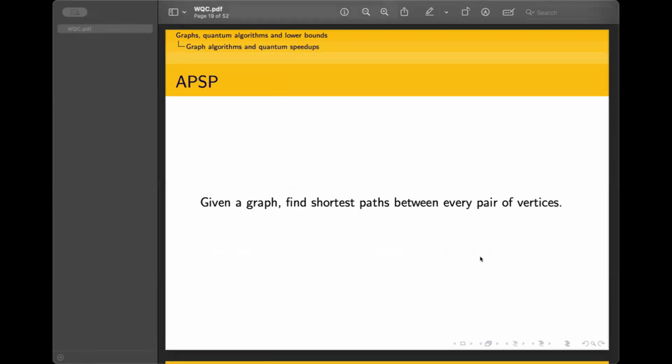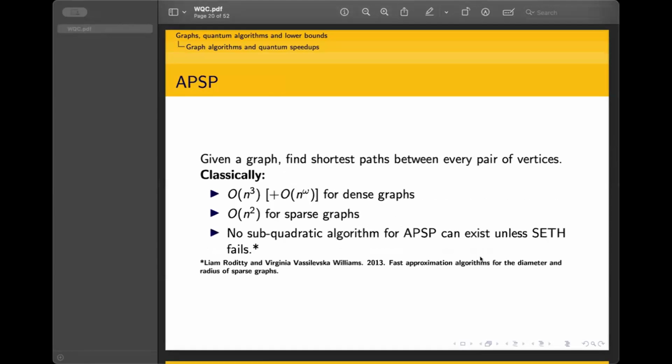Okay, so the APSP problem, meaning all pairs shortest path problem, asks for all pairs shortest paths in an input graph. And this is very interesting because classically, you can imagine that this problem is as popular as they come, and it has been very well explored. A lot of research is on this problem, and it is believed that no algorithm faster than cubic time for dense graphs, so the worst case scenario, exists.